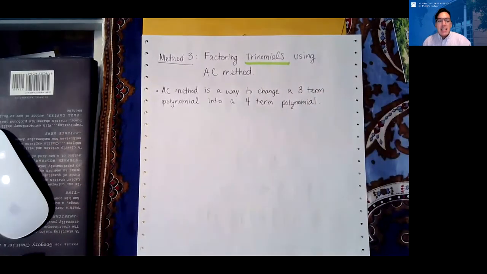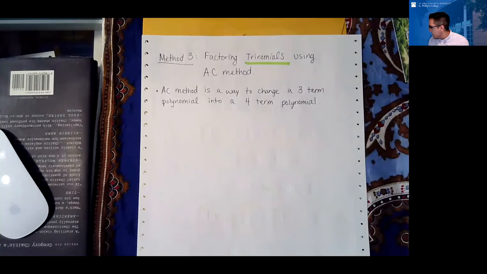And once we've made that conversion, well, then we can just fall back on factoring by grouping. So we don't have to learn a completely new thing. We can just fall back on our old ways.